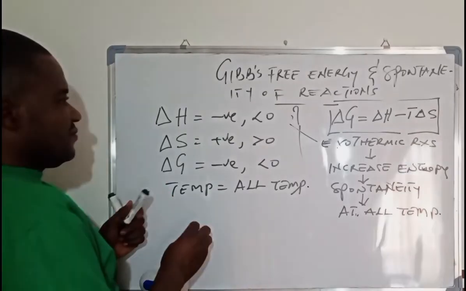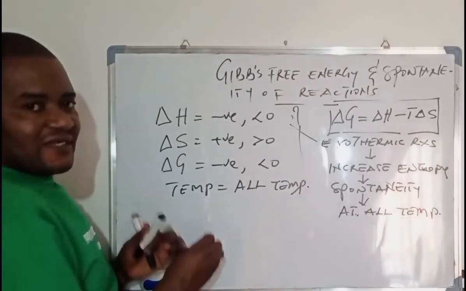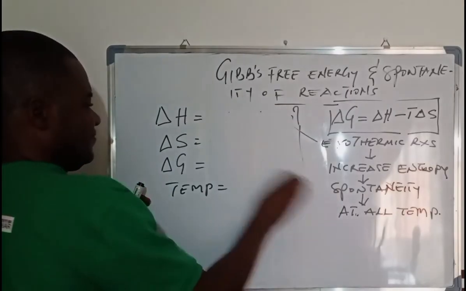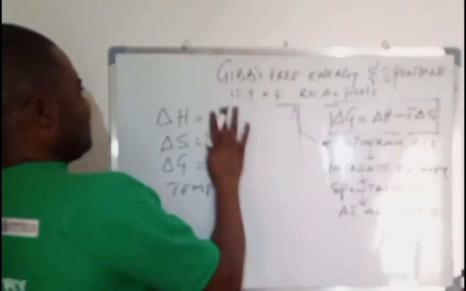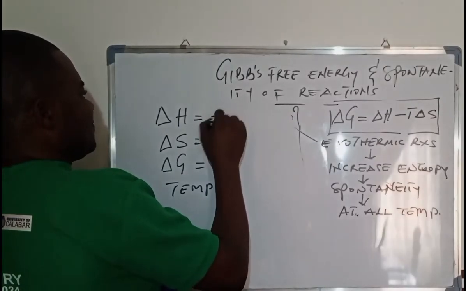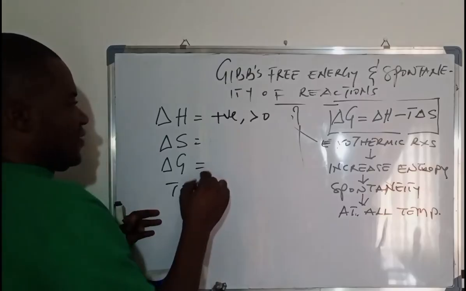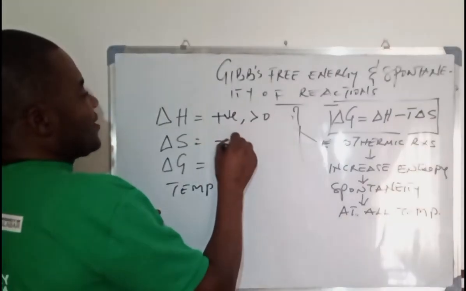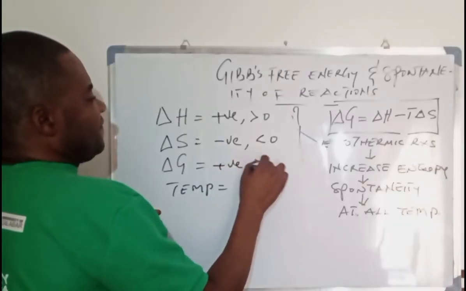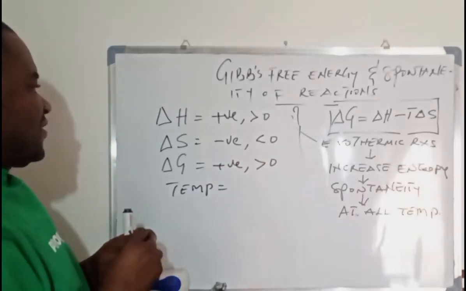Now finally, we look at another scenario. In this scenario, if your enthalpy is rather positive, that is greater than 0, and the entropy is negative, that is less than 0, we'll expect a positive what?